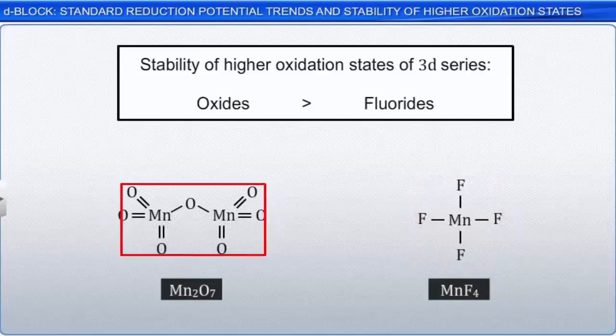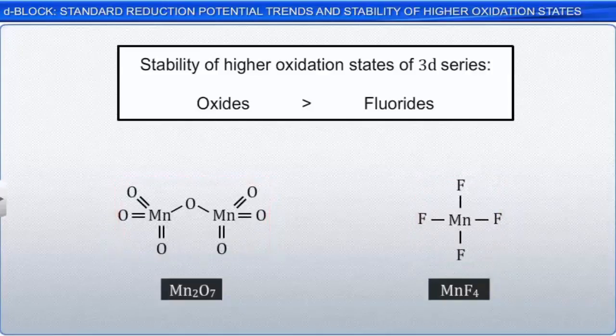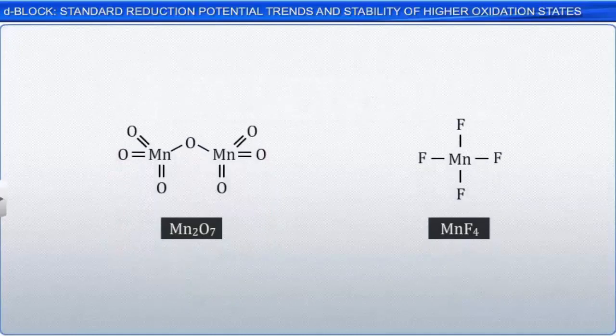The ability of oxygen to form multiple bonds with metal atoms is responsible for its superiority over fluorine in stabilizing higher oxidation states. This ability can be clearly seen in the covalent oxide, manganese heptoxide.